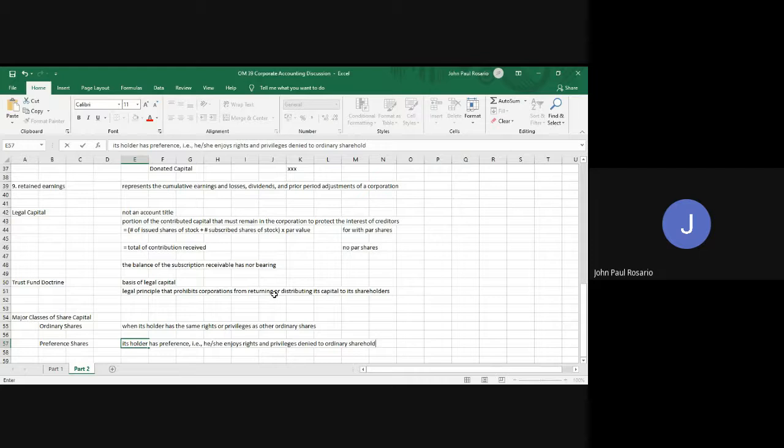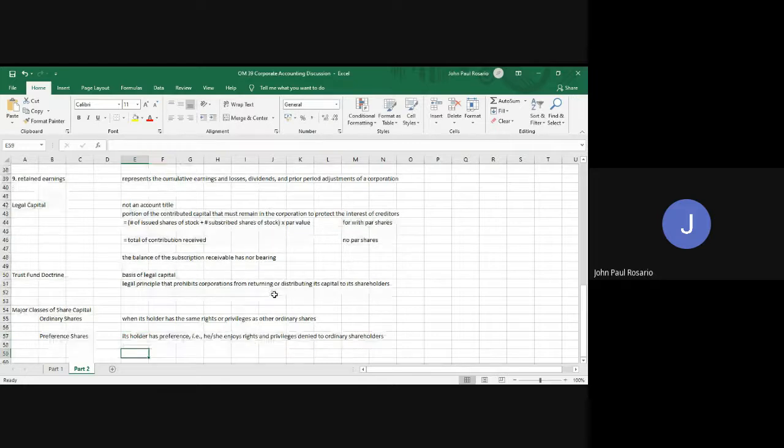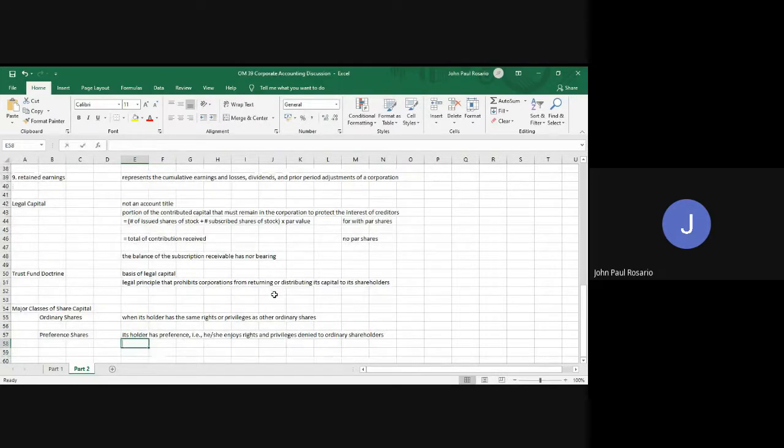So, unsa man ang ato ang type of preferences? So, naa siya preference as to dividends, meaning kung maghatag og dividend si corporation, unahon siya bayad ayha si ordinary share. Tas ang salin-salin kang ordinary share na lang dayon.